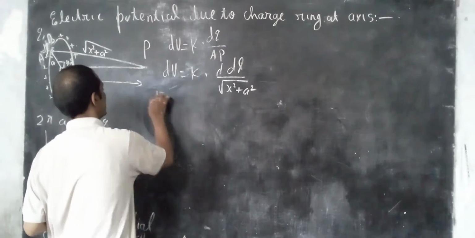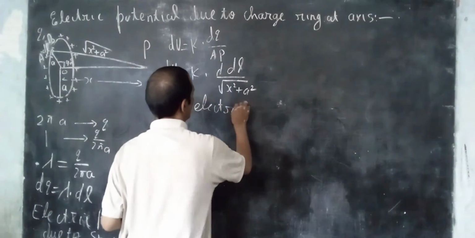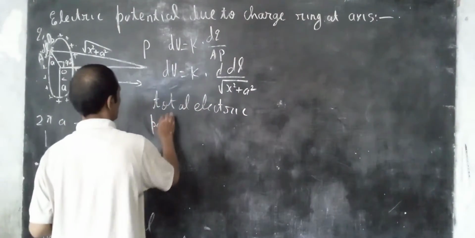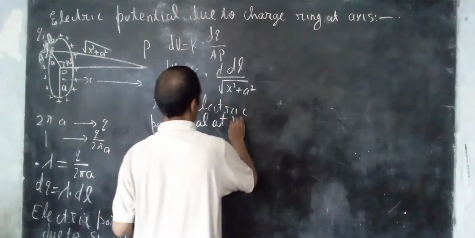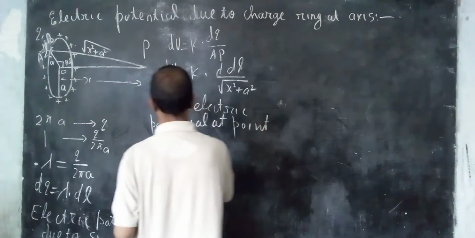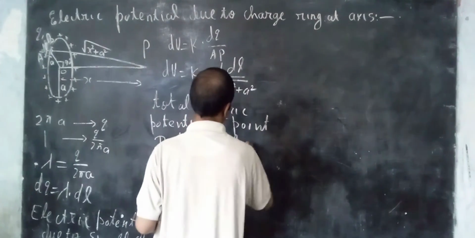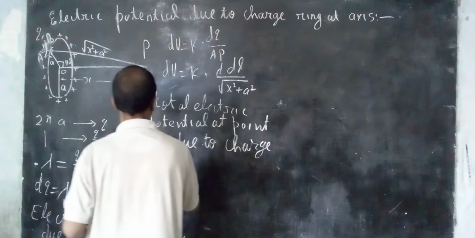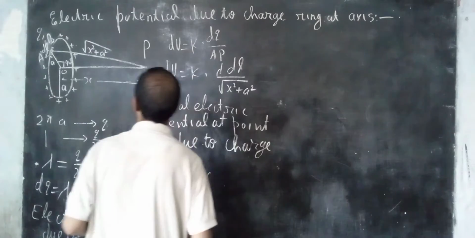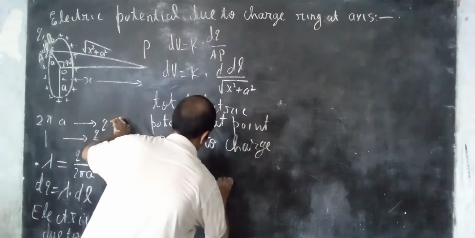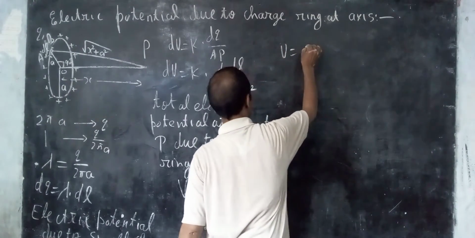So total electric potential at point P due to the charged ring: V is equal to the integration of dV, right?